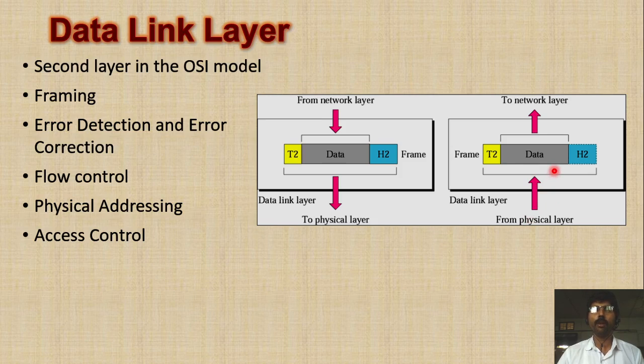So it is the job of the data link layer to check whether the data frame contains any errors. For that, additional information is added at the trailer side of the frame, and it will identify whether the frame is corrupted. If it is possible, it tries to correct the error.